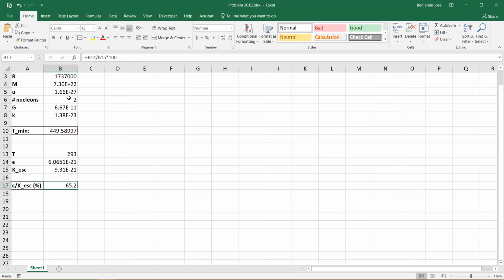And that means that the typical particle would not have enough energy to escape, but there's going to be a whole bunch of particles at the tail end of the Maxwell-Boltzmann distribution, which do. I mean, this percentage is so much higher than it is for Earth. You can expect that hydrogen gas would have left the moon's surface in a very short amount of time comparatively.